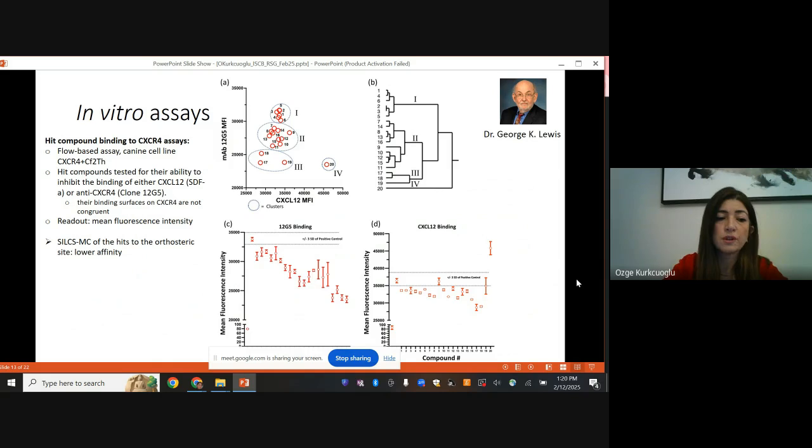So they looked only at the beta-arrestin recruitment, and it is a possibility that the hit compounds might not affect the beta-arrestin recruitment. Further dose response studies are needed to see if these ligands have a real biological effect on the receptors.